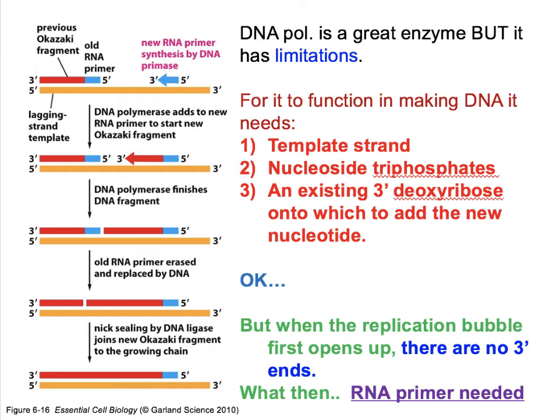existence of another enzyme called RNA primase, which adds an RNA primer, indicated in blue, to DNA at the replication forks. This very short piece of RNA then provides the DNA polymerase with a 3' end to which it can extend.